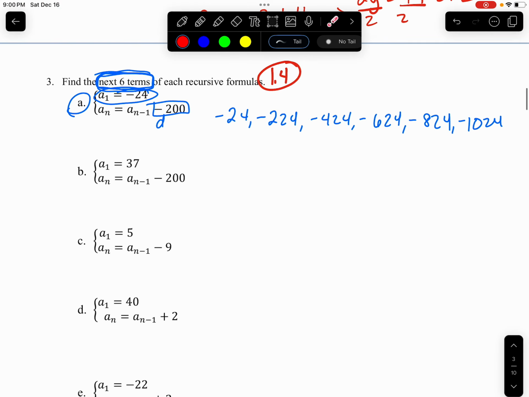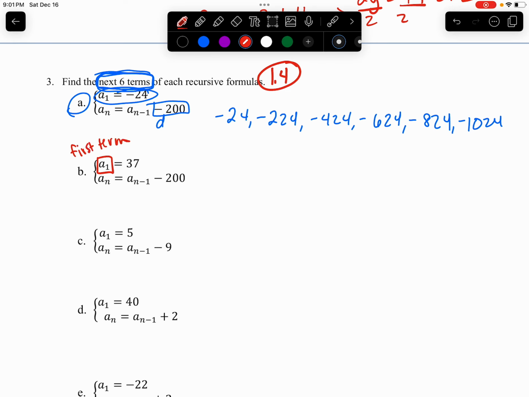Okay, next one, it says find the next 6 terms of each recursive formula. So the first one is done for you. This is found in 1.4. So my very first term, remember a1 means first term.